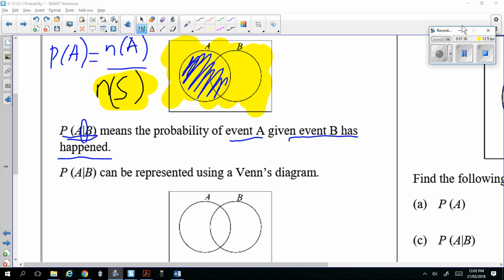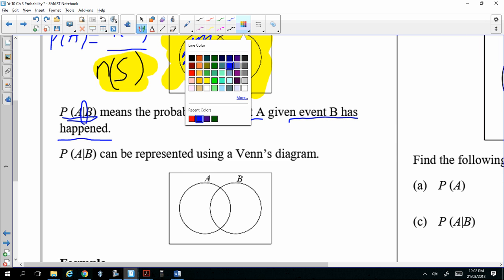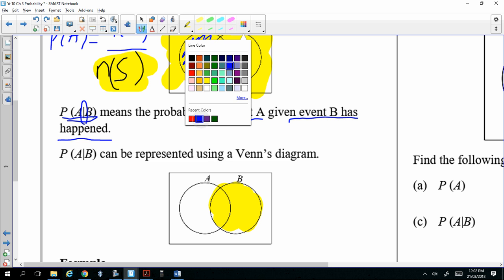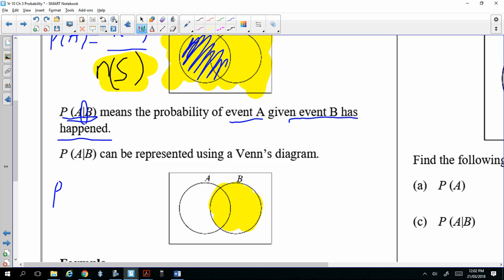Given B has happened means you only have to look at the elements in B. So the probability of A given B is equal to how many in B.